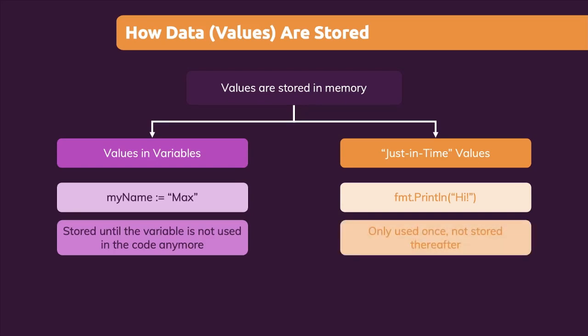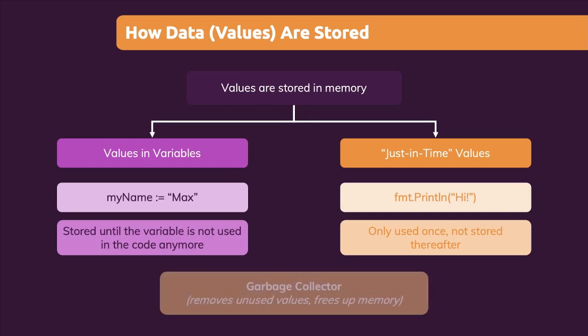So it's used once, and thereafter Go realizes that this value won't be needed again. And for such unneeded values, which will not be used again in the code, there is a built-in mechanism in Go, which is called the garbage collector, which is a little process automatically executed by Go, which will look for unused values and remove them from memory to free up memory.